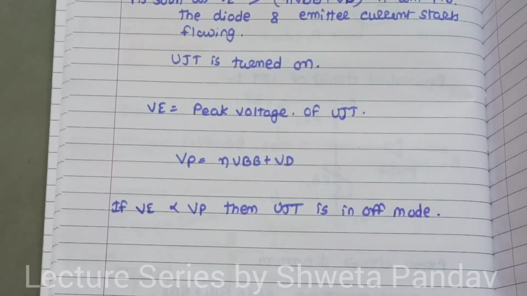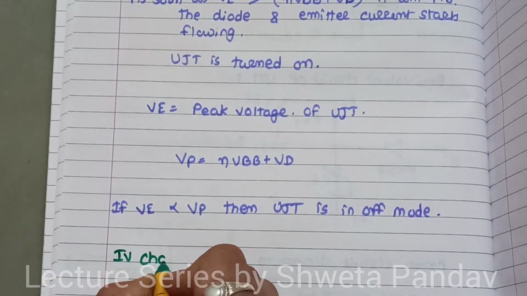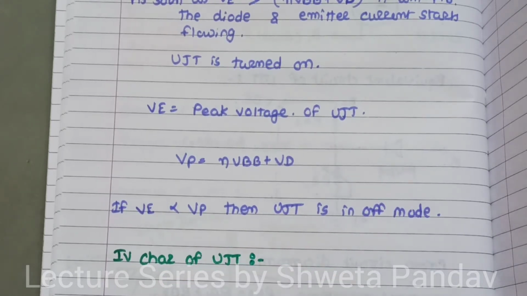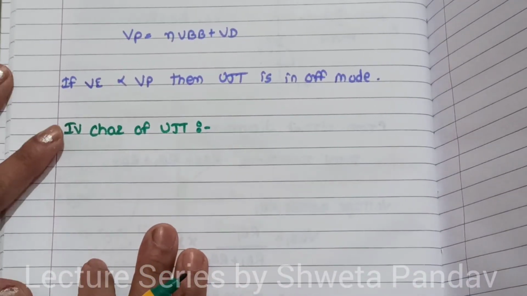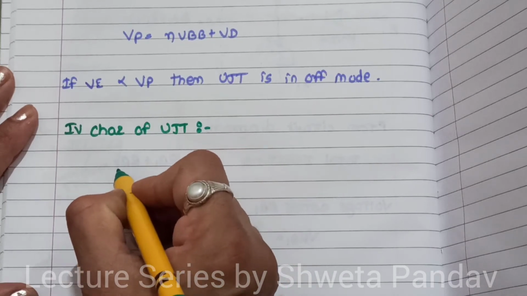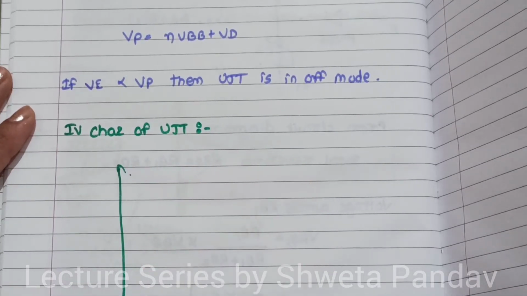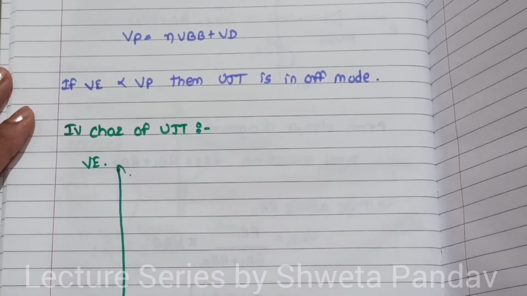Okay, let us draw the IV characteristic of UJT. It is nothing but a graph of emitter voltage on the y-axis and emitter current on the x-axis, which is in terms of milliampere.